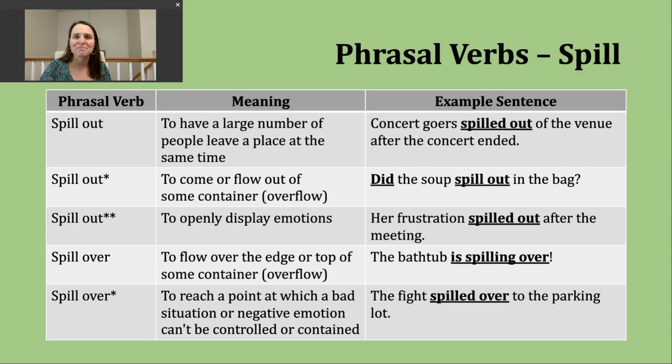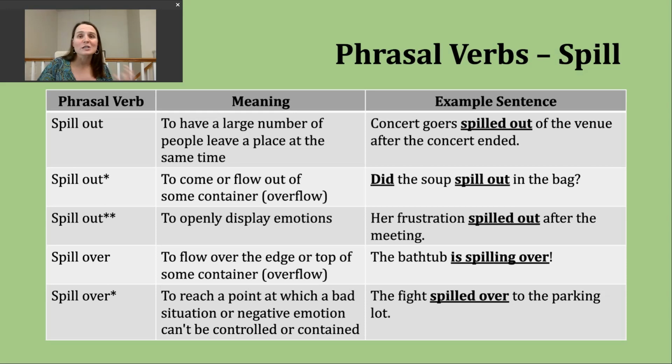A third way you'll hear spill out used is to refer to someone openly displaying their emotions. Okay? An example of this: her frustration spilled out after the meeting. Many times when you hear spill out, I would say these are emotions that tend to be maybe a little more uncomfortable.